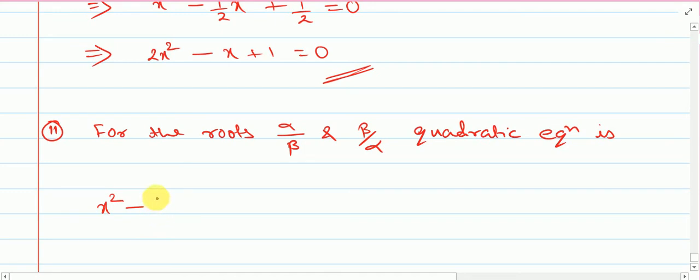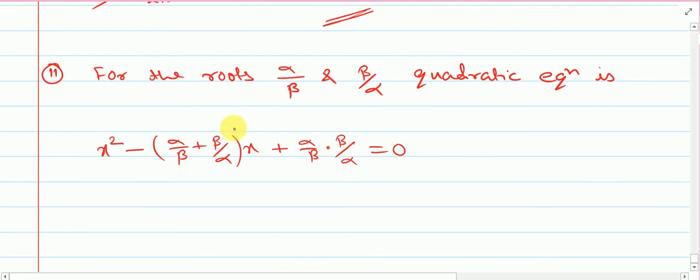So sum of the roots means alpha by beta plus beta by alpha, then plus product of the roots, so alpha by beta into beta by alpha, equal to 0.